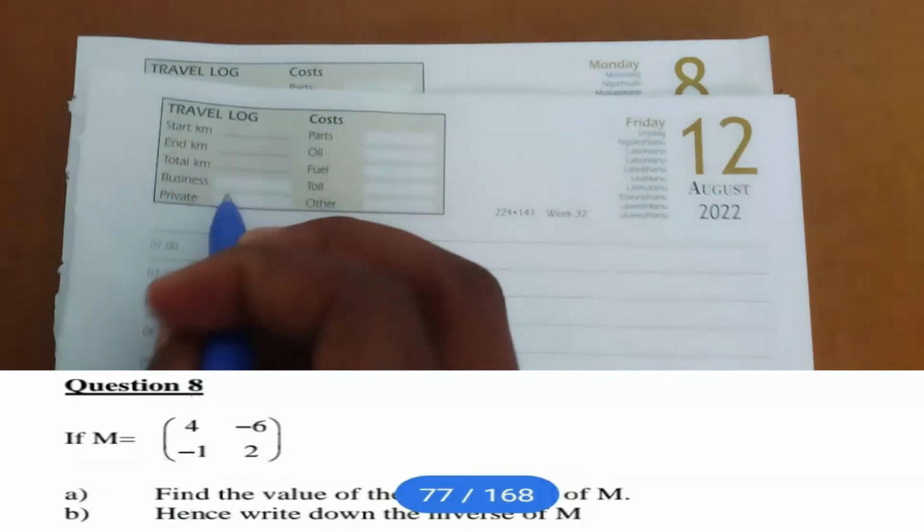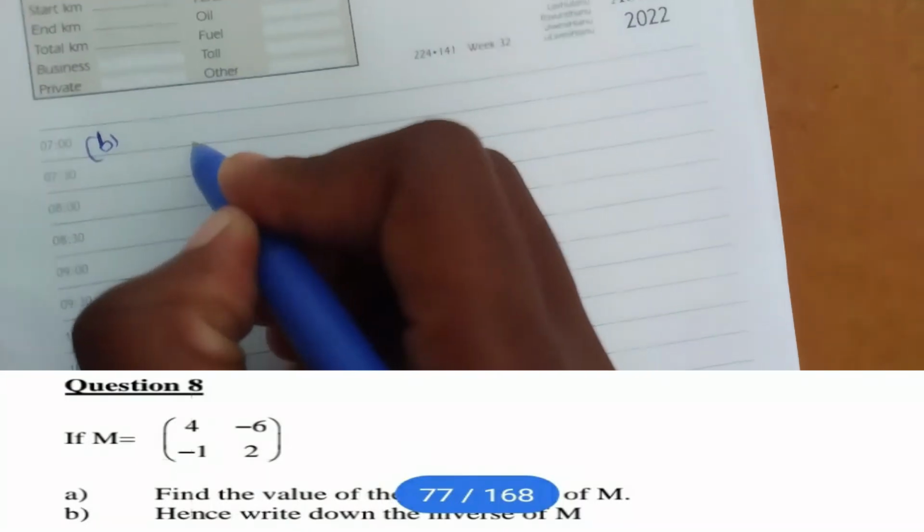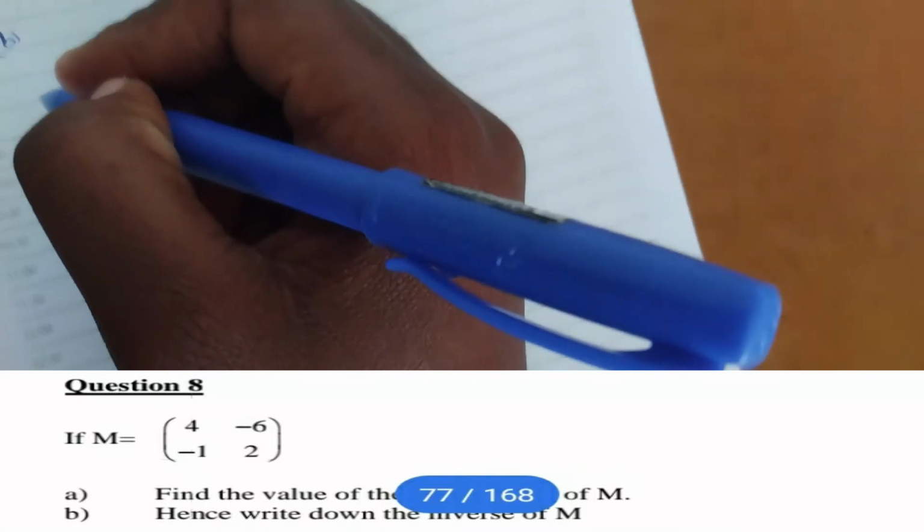So to find the inverse of the matrix that we were focusing on, that's my part B, 4 and 2, minus 1 and 6.